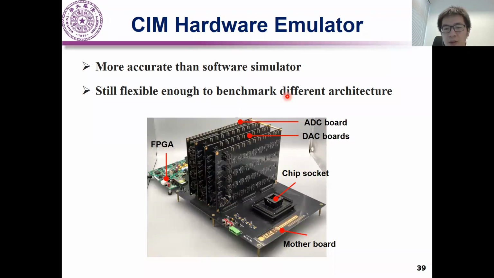Another question is about modeling. How do you actually make your model more accurate? So this is how to improve your model accuracy. Another question is about binary RRAM as storage memory.